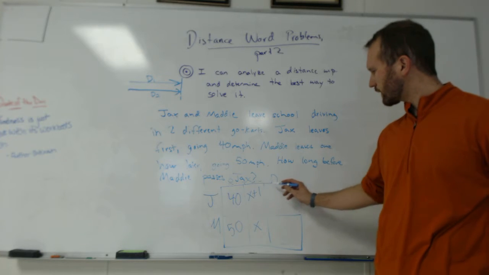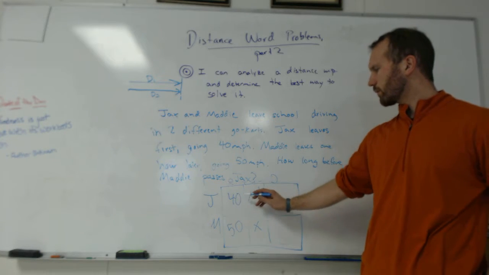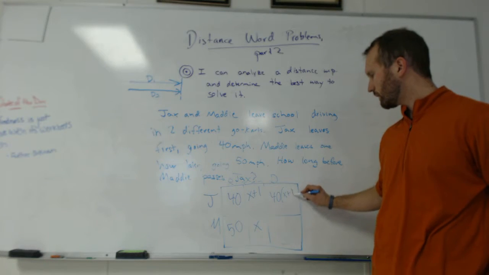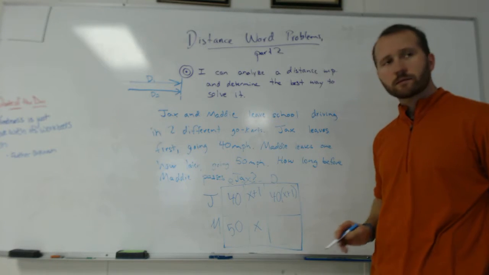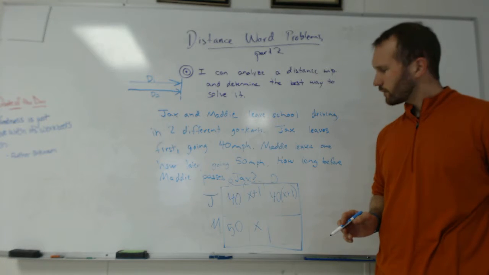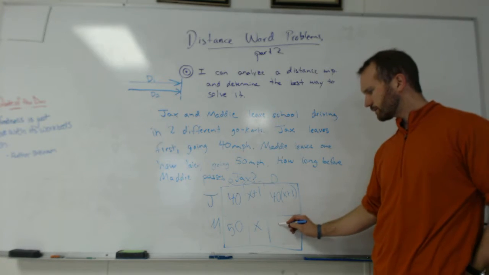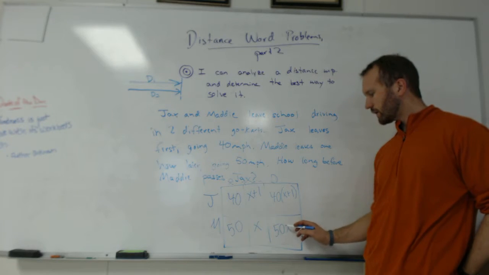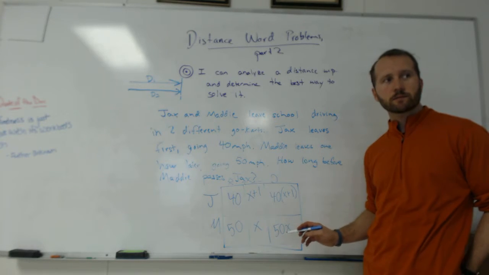Yeah, I multiply them. 40 times x plus 1. What's Maddie's distance? 50x. Yeah, I'm multiplying, so 50 times x, or 50x.